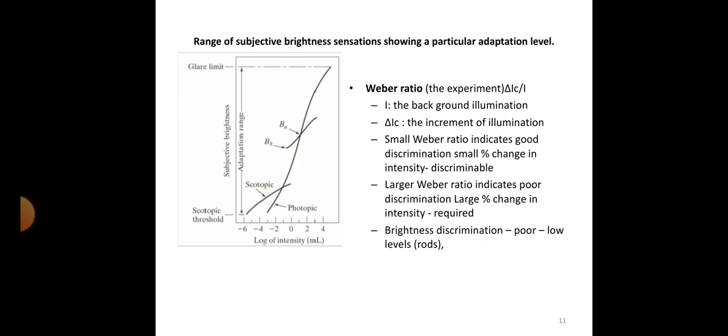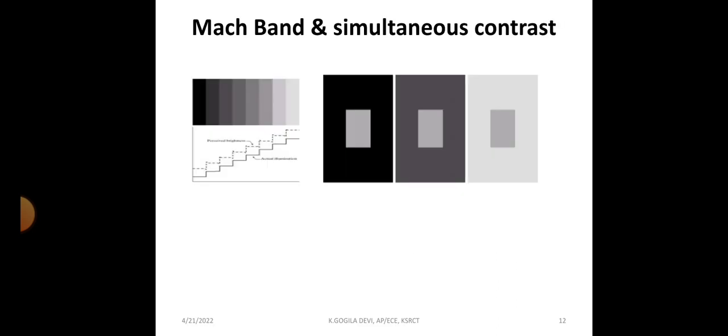A smaller Weber ratio indicates good discrimination, a small percentage change in intensity can be discriminated. But a larger Weber ratio indicates poor discrimination, a large percentage change in intensity is required. Here the slide indicates the Mach band and simultaneous contrast. In the Mach band effect, all gray level images can be represented, that means from white to dark we have different gray level values.